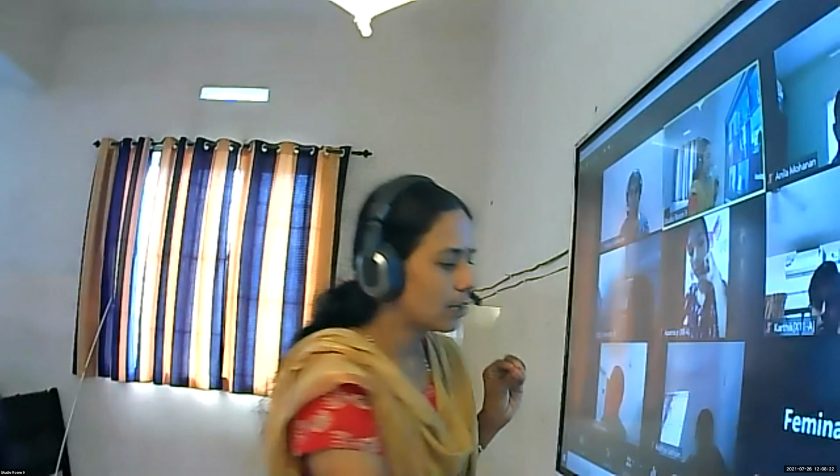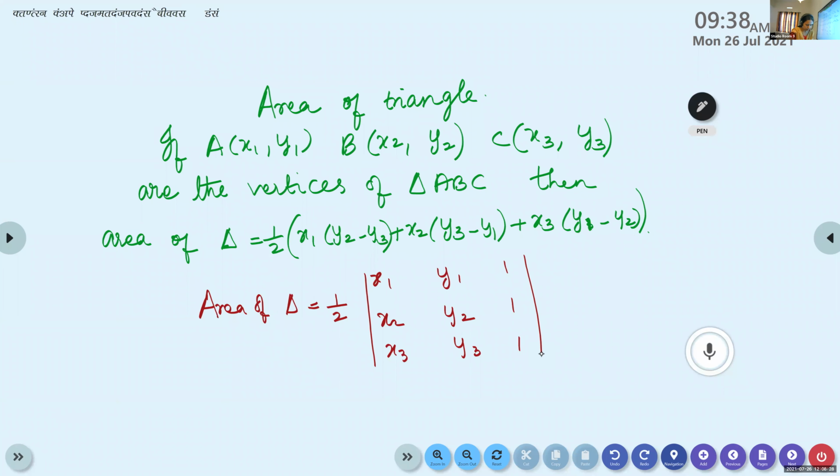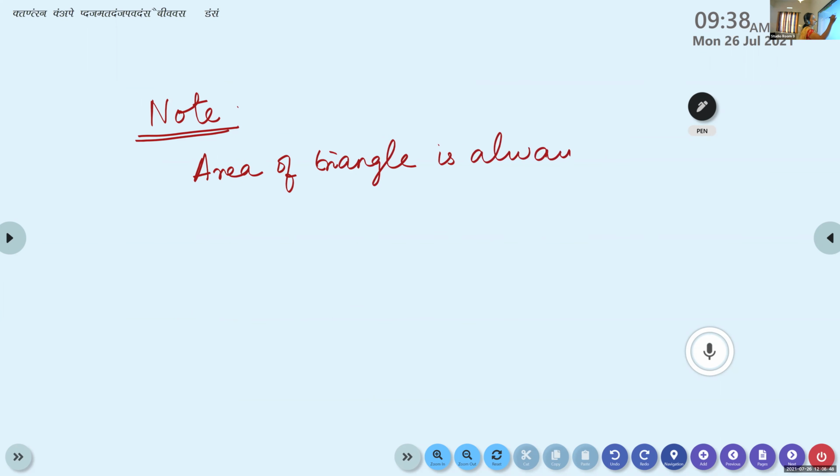Okay, so write this down as a note. The area of the triangle is always positive or 0.